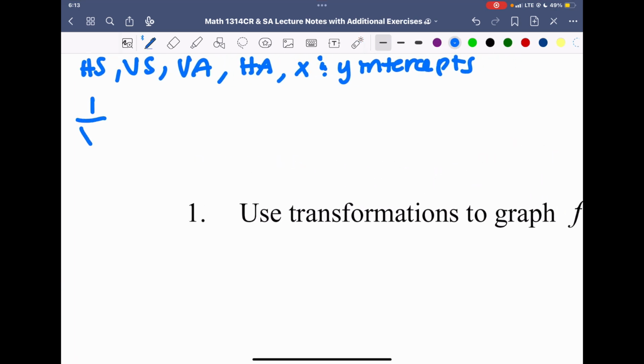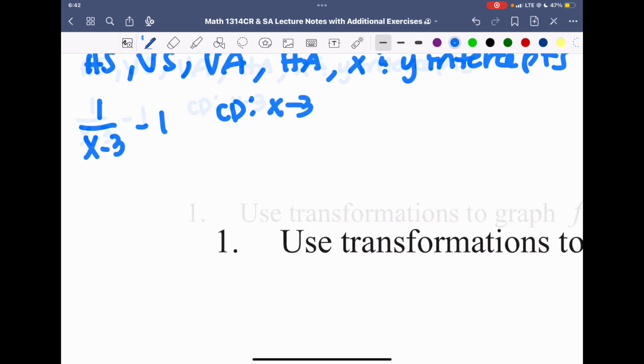So 1 over x minus 3 minus 1. My common denominator is x minus 3. Here's what we're going to do. We're going to recall that this right here is over 1. And you want to put this whole thing in parentheses. So our common denominator is x minus 3. The first term is fine. The second term is what we want to multiply by.